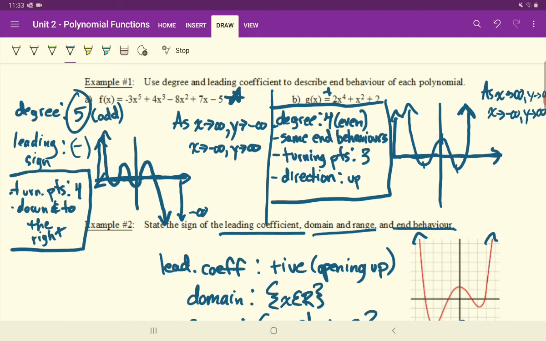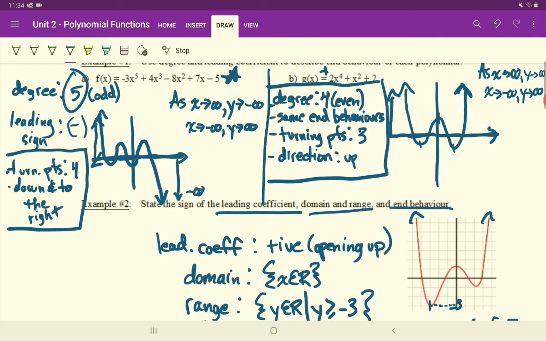The leading sign, if it's negative and it's an odd polynomial, it must be going down and to the right, okay? And so when you get all of those properties and you draw a rough sketch of what the graph looks like, it's then easy to determine the end behaviors, okay?